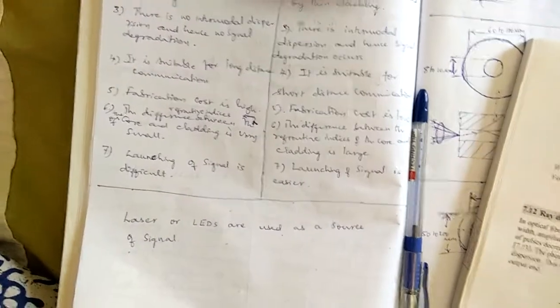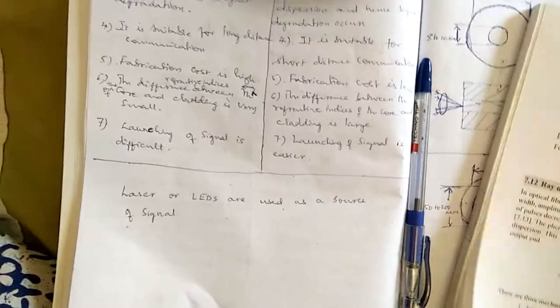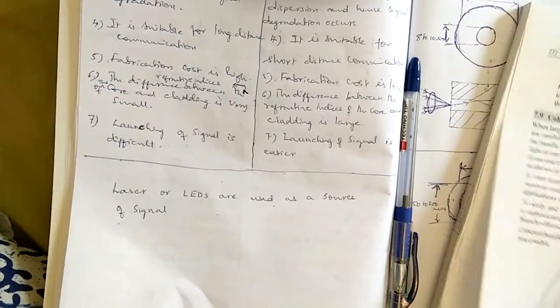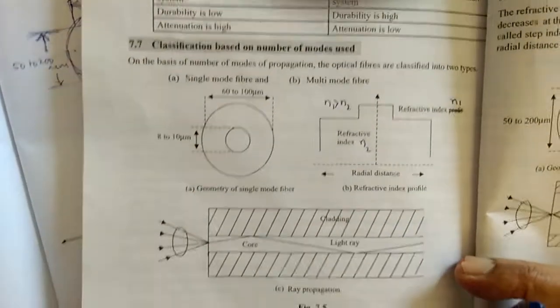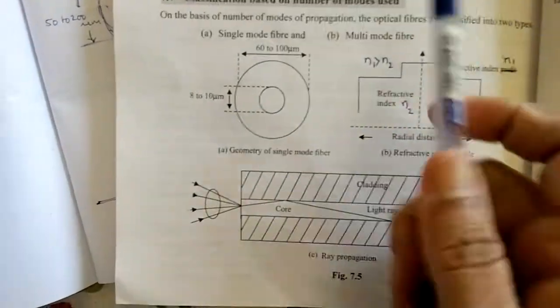For single mode, we can use the core of smaller diameter and cladding of larger diameter. So this is the classification based on number of modes used.